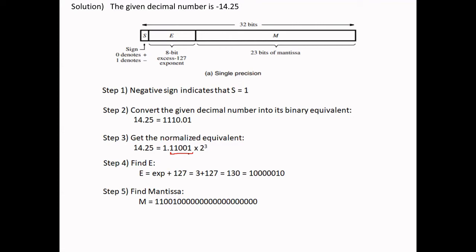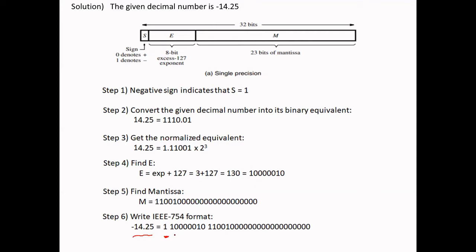This is 11001, and it is 23 bits, so we need to fill in all the remaining zeros. See here, minus 14.25 equals the sign bit 1, the capital E biased exponent, and the total mantissa.